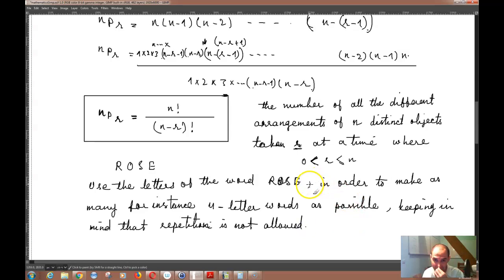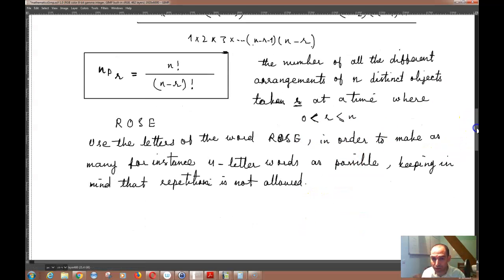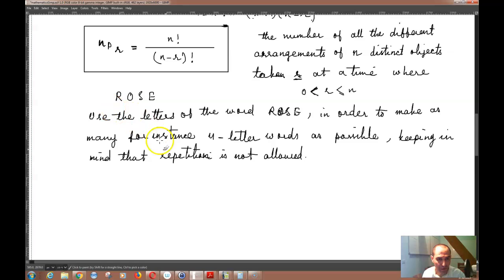What that means is that you take the letters of the word rose, R-O-S-E, and you want to make these 4-letter words.